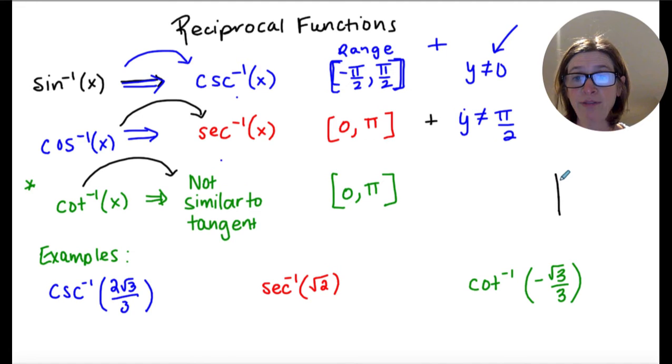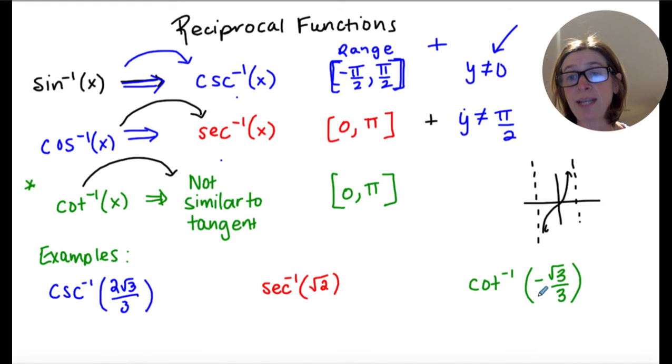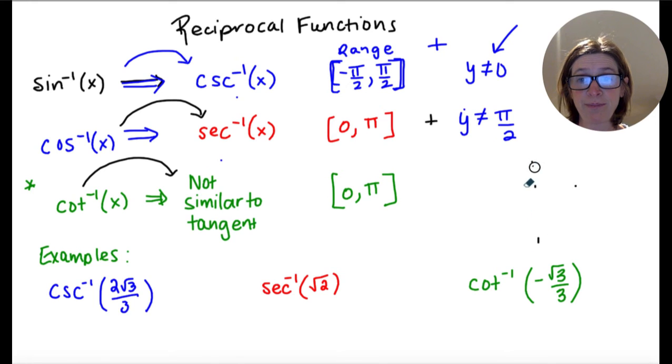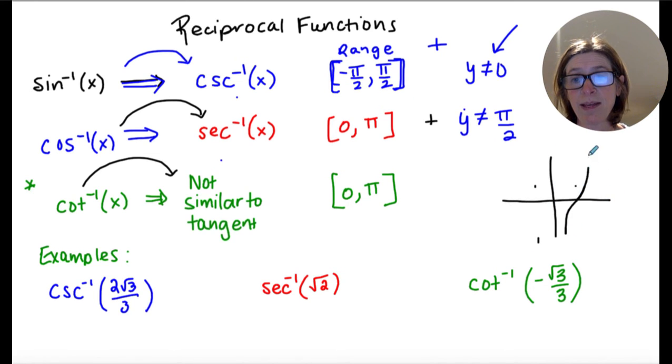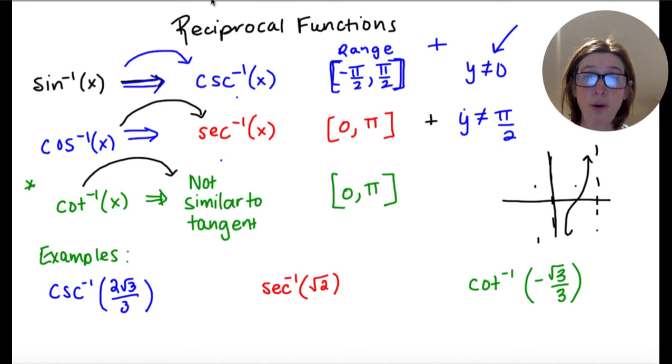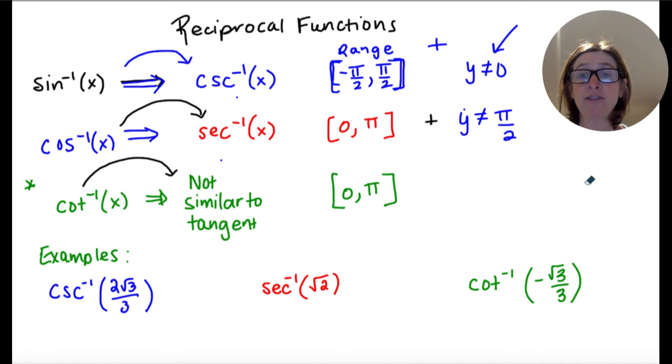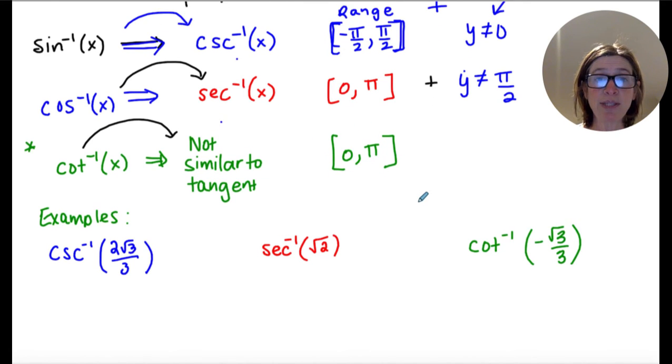The tangent graph looks like this and has asymptotes at pi over 2 and negative pi over 2, whereas the cotangent graph has asymptotes at 0 and pi. So when we're thinking about inverse functions, for the cotangent graph the range is going to be from 0 to pi.